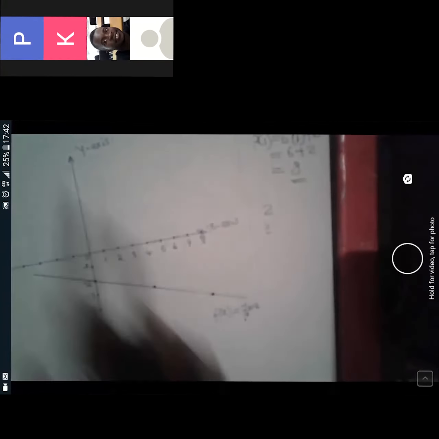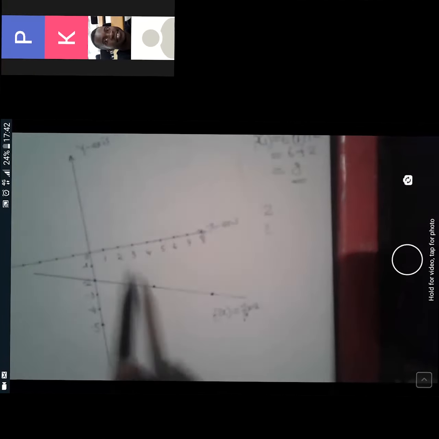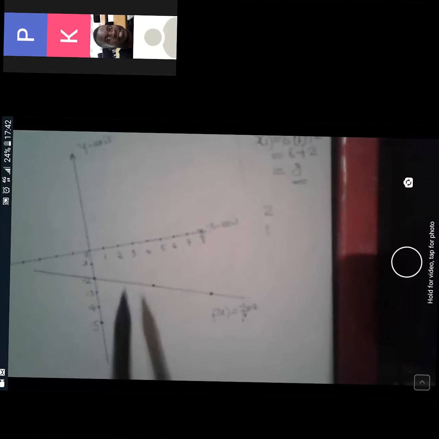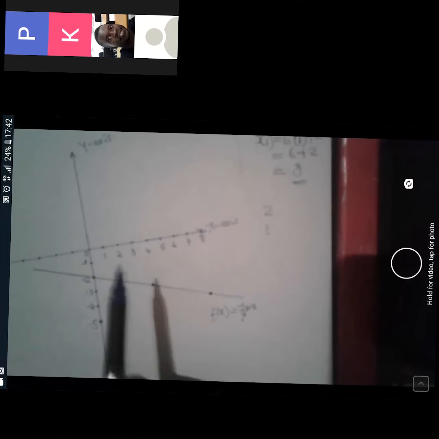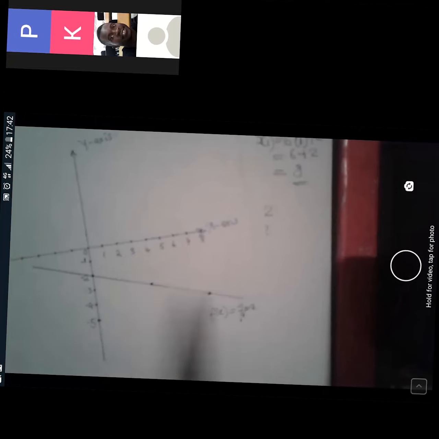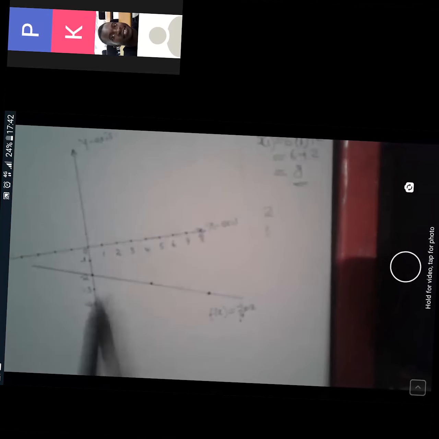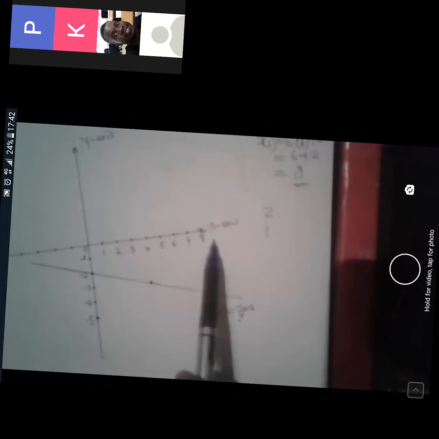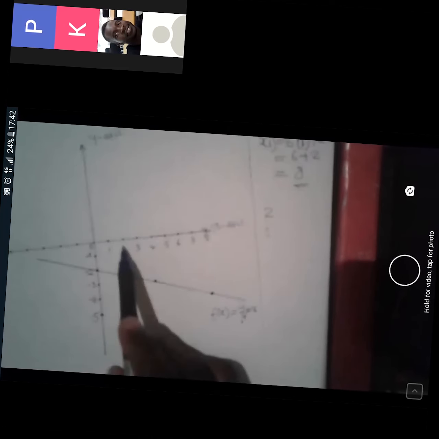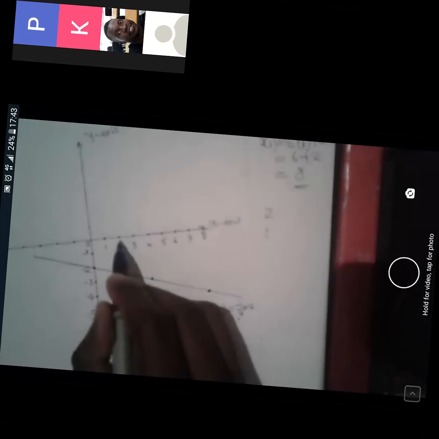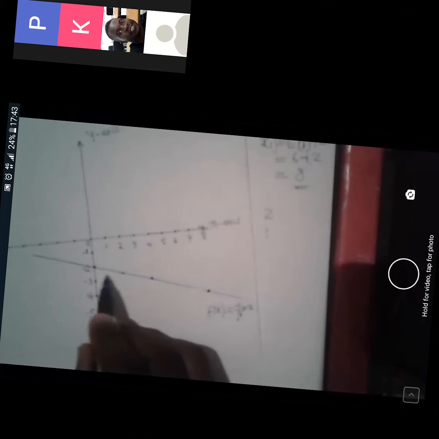When you're asked to find, for example, the value of y when x is 2, you can simply use this graph to find the value of y. You can use the graph to find the value of y given any number from the domain. For example, f of 2, you simply go down like this, and where you meet the line, you go to the y-axis.